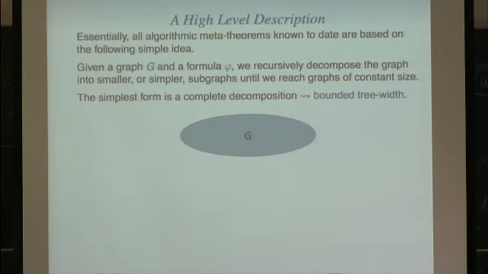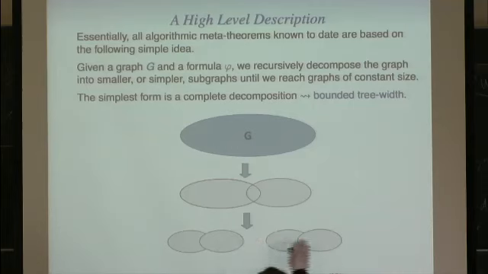And all results basically work by decomposing this graph recursively up to the point where it has only constant size. Obviously this decomposition can take various forms, and some are easy, some are not. The simplest form is if you're able to split the graph into 2 parts which are nearly disjoint, so they only have a very small intersection, and you can repeat this process recursively up to the point where these things become constant size.